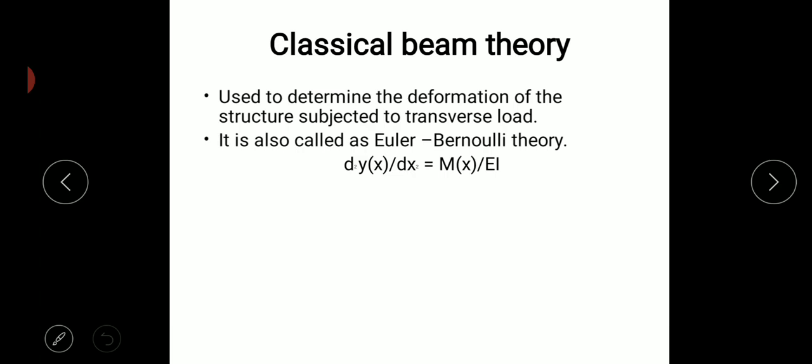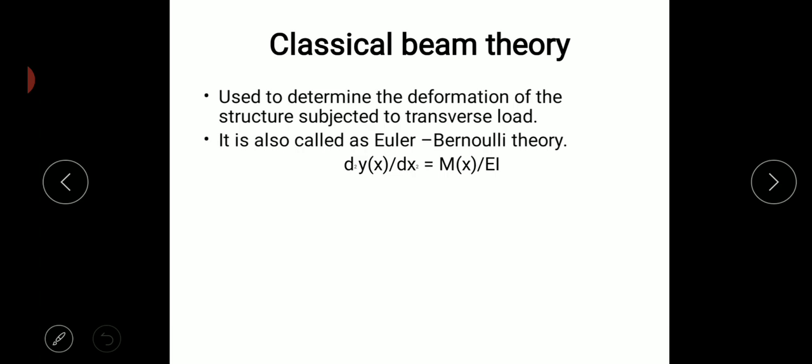It is in the form of M by I is equal to E by R, where R is called the radius of curvature of the deflected position of the structural member. R can also be represented as d square y by dx square.